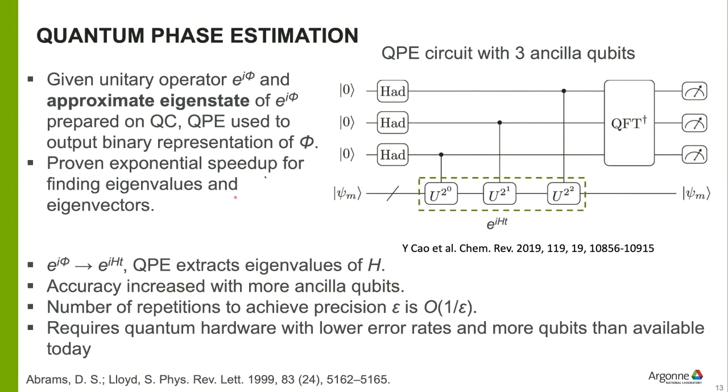Essentially, if you can prepare some approximate eigenstate of the unitary operator e to the power i phi, you can compute the eigenvalues of this operator using this ancilla register that you use the Hadamard gates to put into superposition of states.